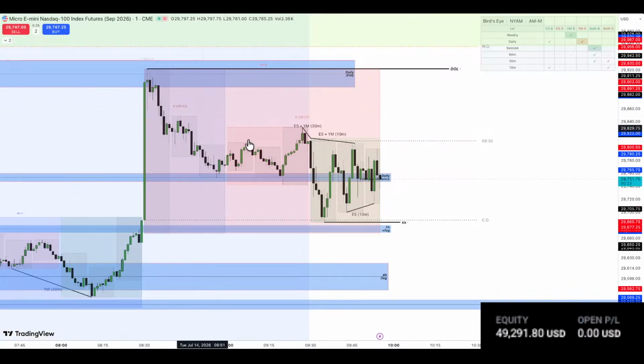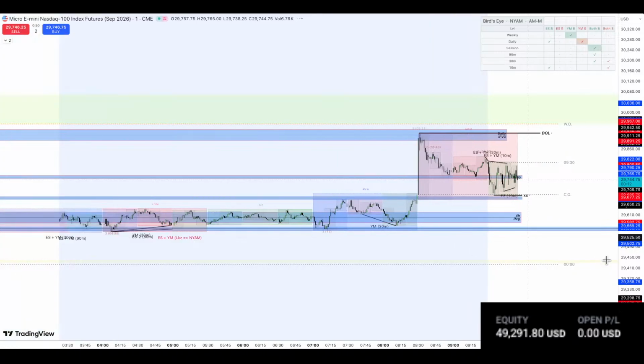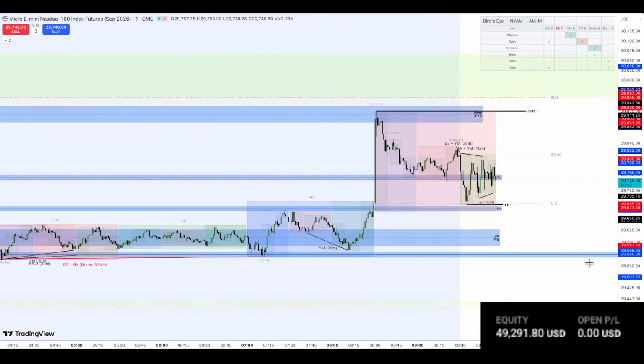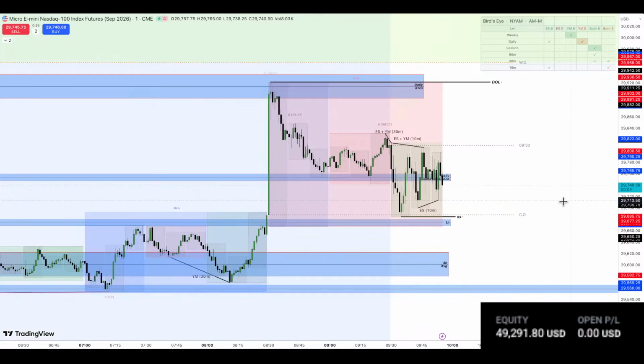But for now, there's a short-term bearishness. But if you zoom out, price has already committed to the upside, and this is my drawn liquidity.